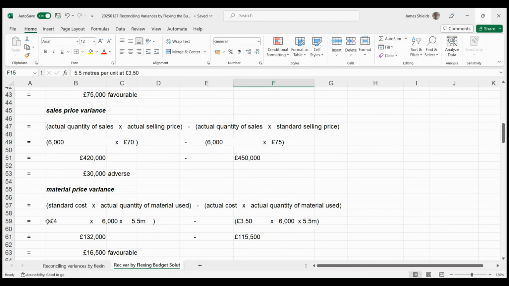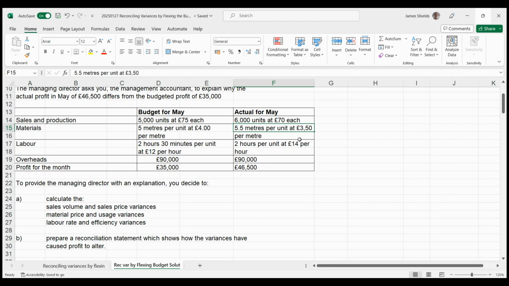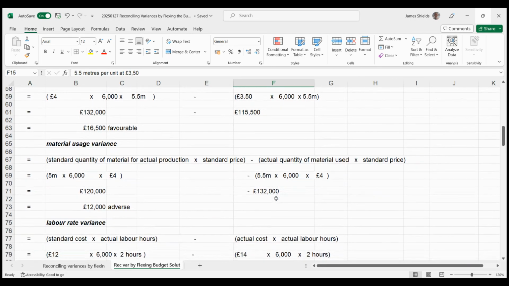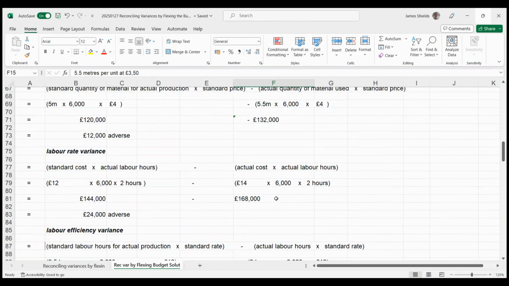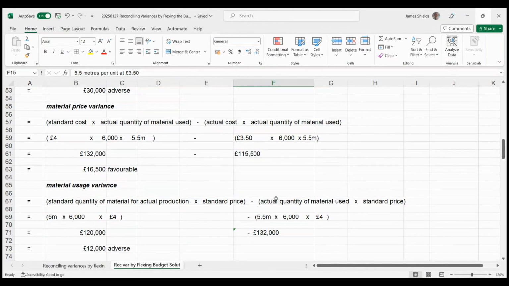So it's going to be £4 times 6,000 times 5.5 metres. That comes to £132,000. Now the actual cost, we go back to the information, the actual cost was £3.50 per metre. So £3.50, the actual quantity was 6,000, and the amount of material used was 5.5 metres.